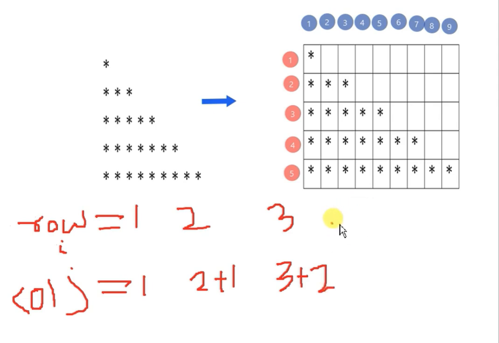Similarly, for the fourth row we are printing 4 stars plus 3 more extra stars. And for the fifth row, we are printing 5 stars plus 4 more extra stars.